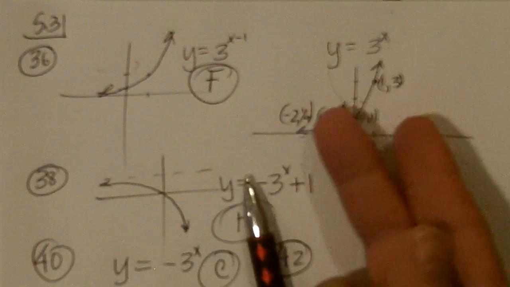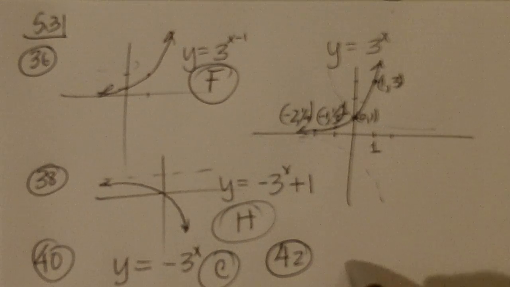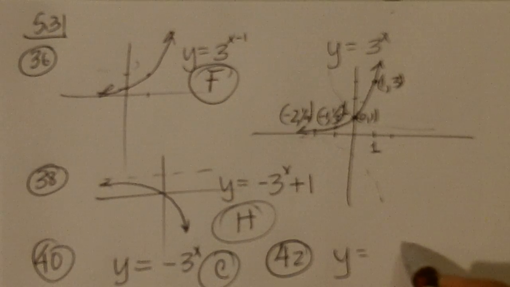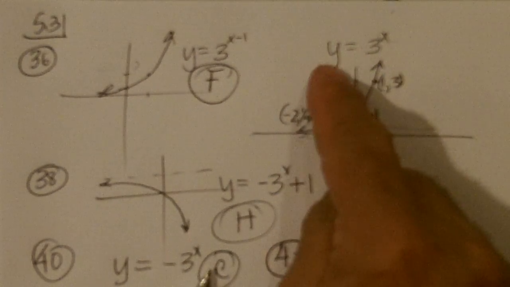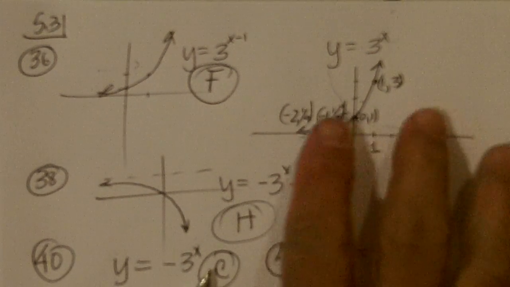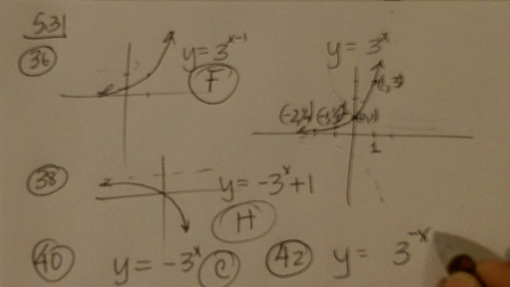So how do we flip it over the y-axis? Well, we do that by putting a negative on the x. So that would flip it over and make it go here. And then if we want to move the whole thing over 1, we'd have to add 1 to the x, or subtract 1 from the x.